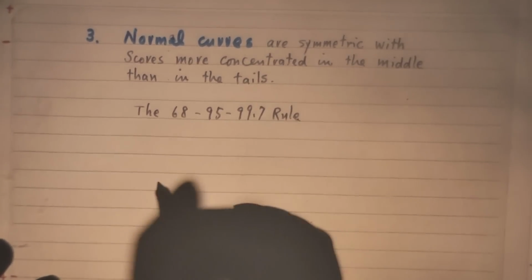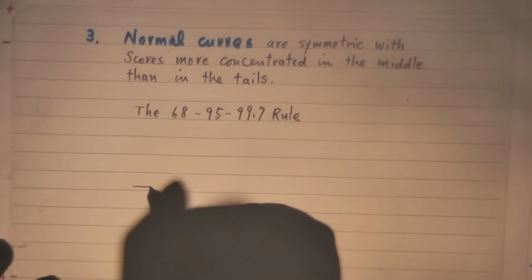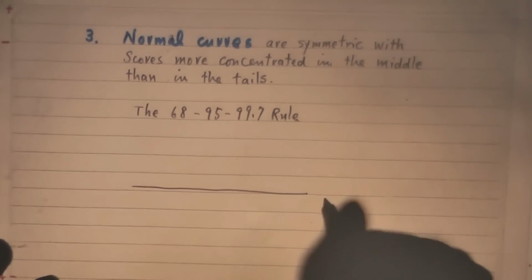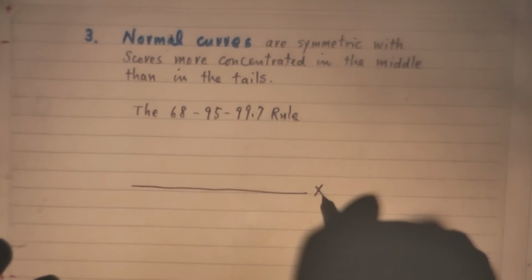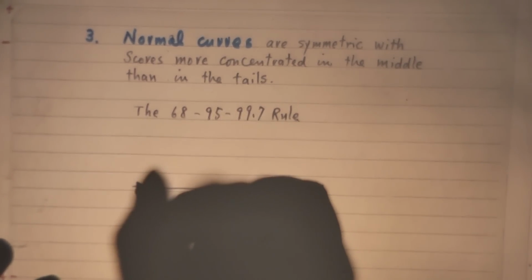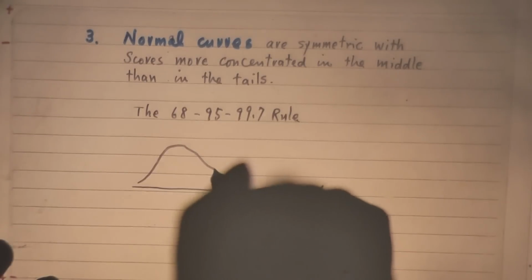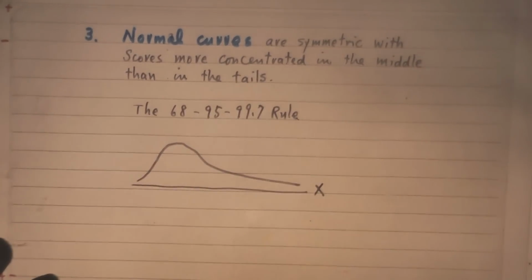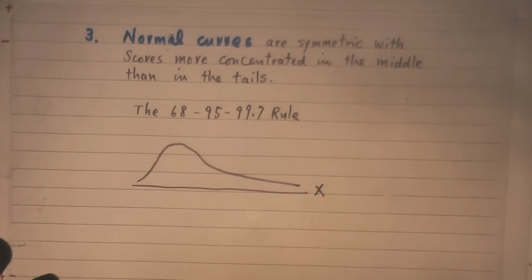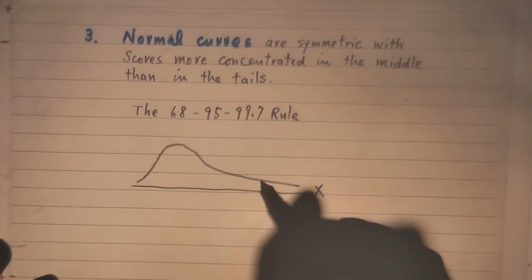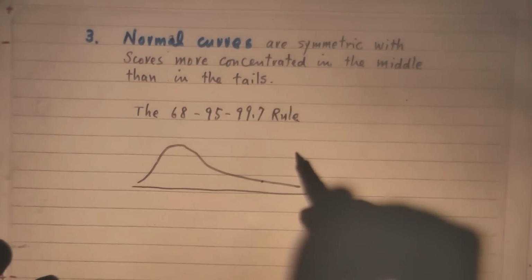Now, suppose I give you a density curve, and the variable of interest is x. And this is a density curve. As you can see, the curve is right skewed. It's not symmetric. So this is not a normal curve. But why do I mention this?